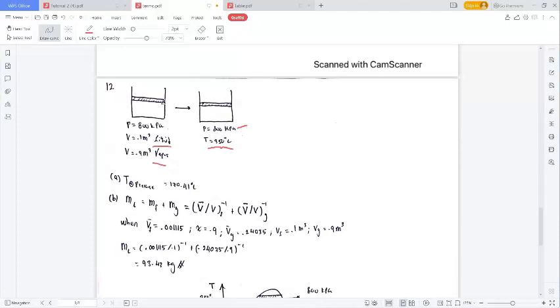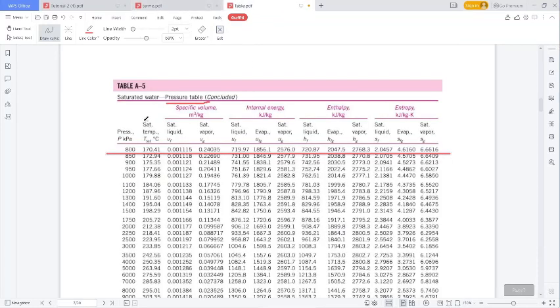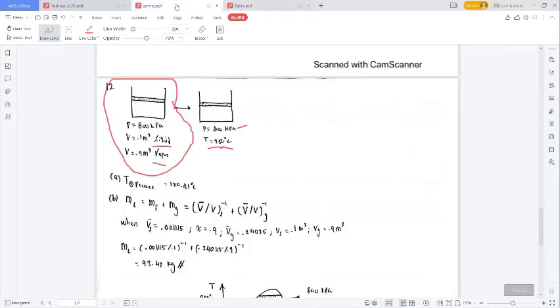We are asked what the temperature is at the first stage. To answer this question, I refer to the thermodynamic saturated water pressure table, table A5. I look up the table by pressure, because it is given at the first stage as 100 kPa.